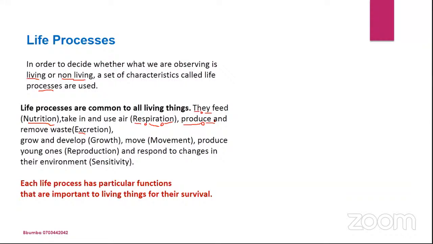Something toxic is a substance which is dangerous and can harm the body, organs, as well as the cells of an organism. So whenever a substance is produced that is not required in the body, it must be eliminated, and the process by which it is eliminated is called excretion.